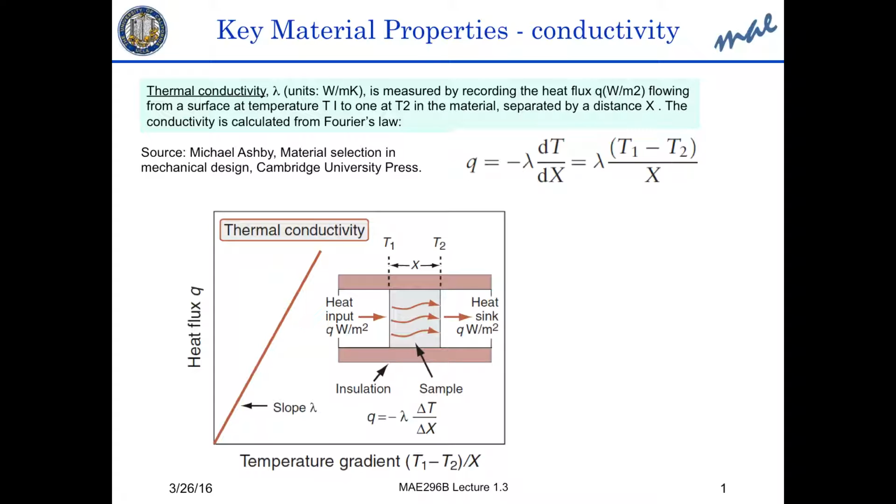And as we know, the higher the thermal conductivity, the larger the heat flux that can go through the material. So if you look at the basic relationship between the heat flux Q and the temperature gradient, which is the difference in temperature T1 minus T2 divided by a thickness of the sample X, then we find that the heat flux is proportional to the temperature gradient and the proportionality constant.